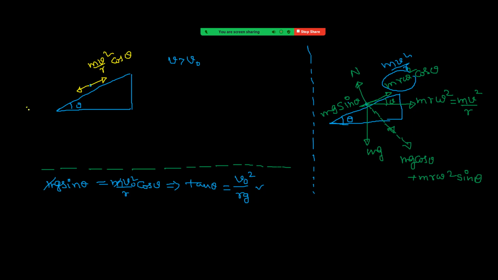Already having here mg sine theta plus frictional force, which is static. As speed keeps on increasing, to balance that force, frictional force also increases because mg sine theta is a constant.